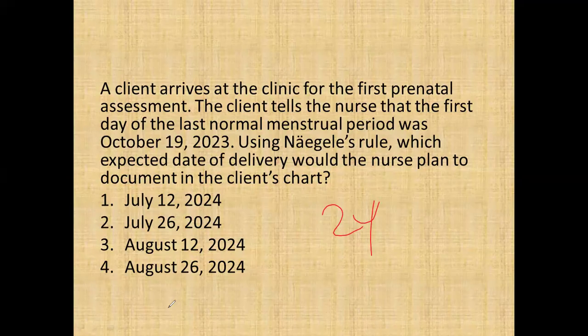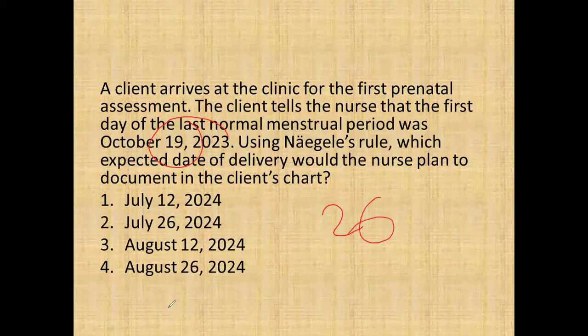We use the first day of the last menstrual period. That is what I want everybody to know. So the first day of the last menstrual period is 19th. And I said that the first step is to add 7 days to the first day of the last menstrual period. The date you get, you put it down. So after we added 7 days to the 19, we had 26. That is 19 plus 7 is 26.